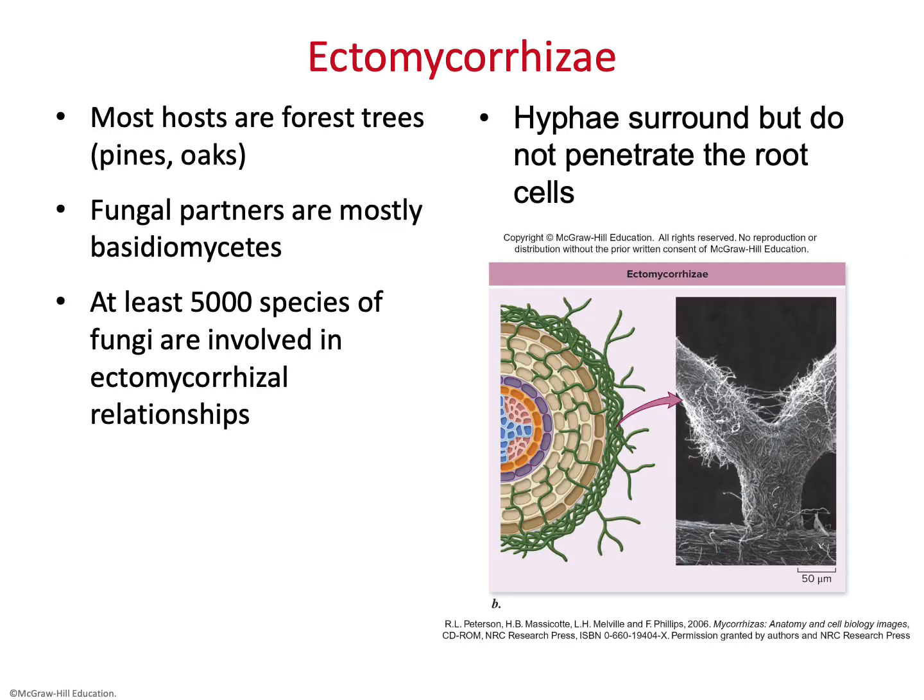The next interaction that we are going to talk about is ectomycorrhizae. On the other hand, ectomycorrhizae are associated with fewer plant species. Most ectomycorrhizal hosts are forest trees such as pine, oak, and birch. The majority of fungal species in ectomycorrhizae are basidiomycetes.